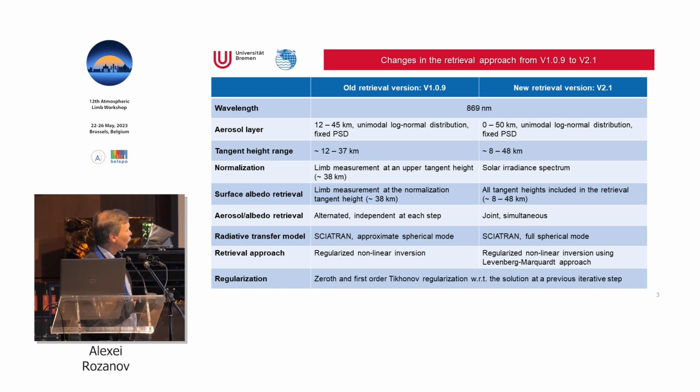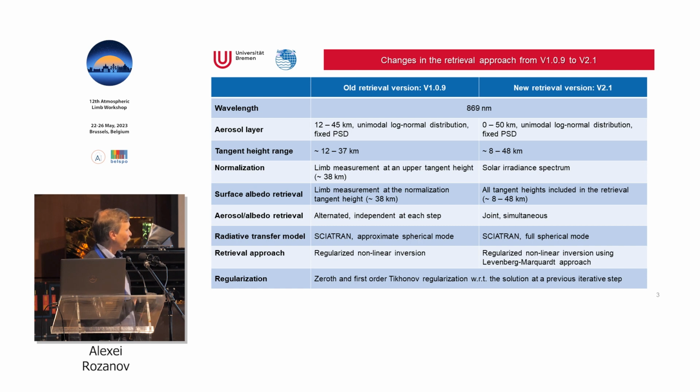So before we had a normalization at a higher limb tangent height, and now the really essential change is the normalization to the solar irradiance spectrum. This causes difficulties with the surface albedo, which was just retrieved from the reference tangent height before, and now it's retrieved from the whole range of tangent heights simultaneously with the aerosol retrieval.